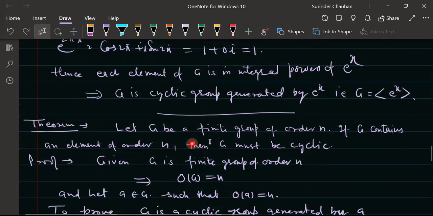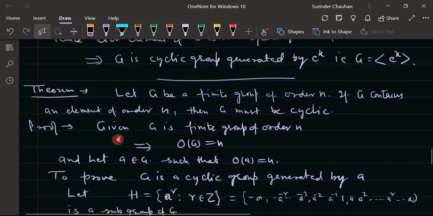Very beautiful. We are given G is a finite group of order n, that is order of G is equal to n. Let a belong to G such that order of a is equal to n.